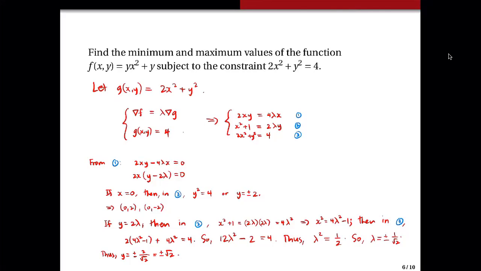And your x squared will be what? x squared is equal to 4 lambda squared minus 1, but lambda squared is 1/2. So you will have 4 times 1/2, that's 2, minus 1 equals 1, right?